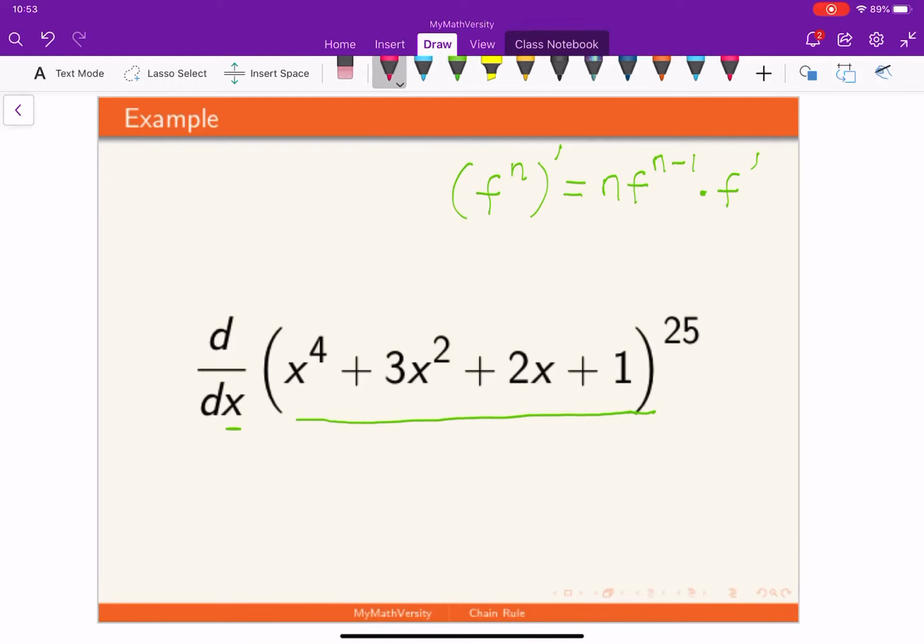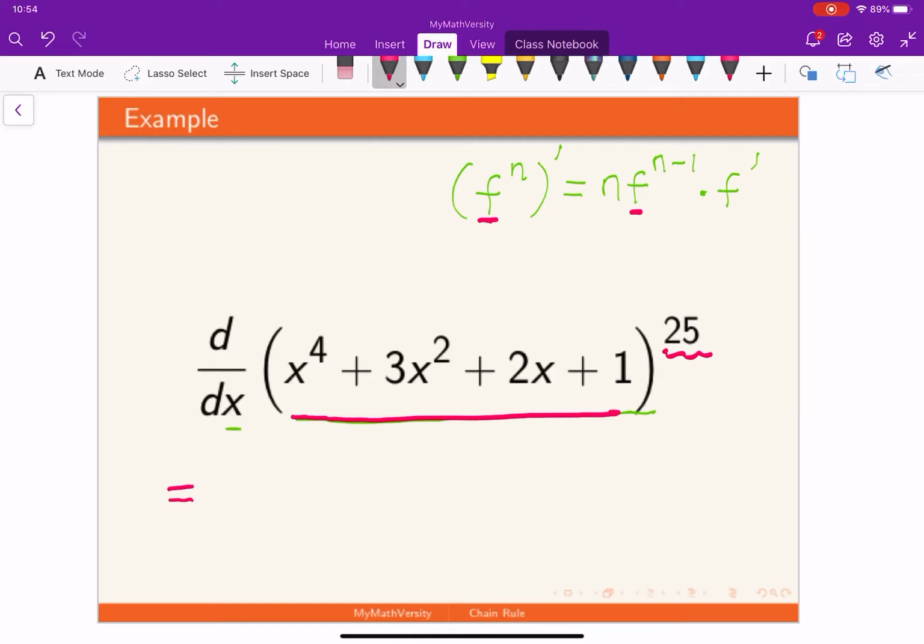So let's apply this rule to find the derivative of this function raised to a power. If you compare the given function with the formula, the base function f is x to the power 4 plus 3x square plus 2x plus 1, and the power is 25. So let's apply the generalized power rule.